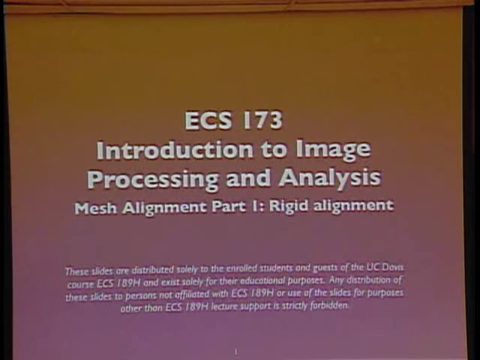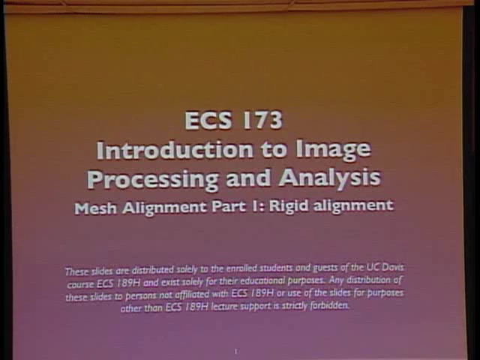So the next thing we're going to talk about are the two key technologies that allow you to actually do interesting things with that data. The first one is aligning pairs of these surface data sets together, and the second one is extracting features from them, for the purpose of detecting objects in scenes and building 3D models and that kind of stuff.